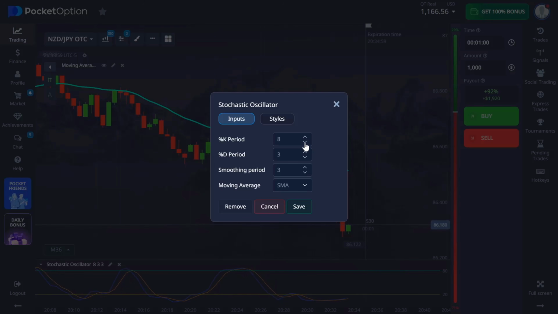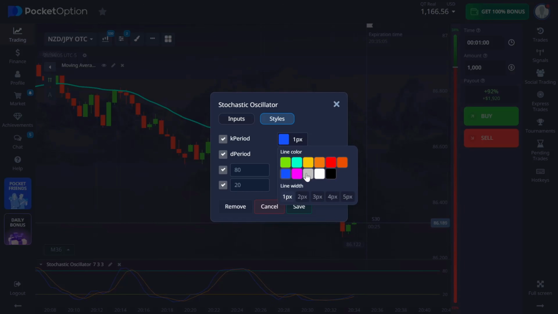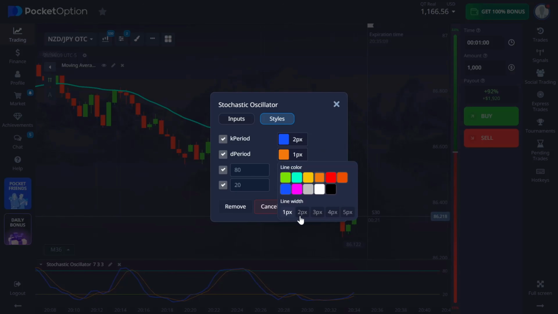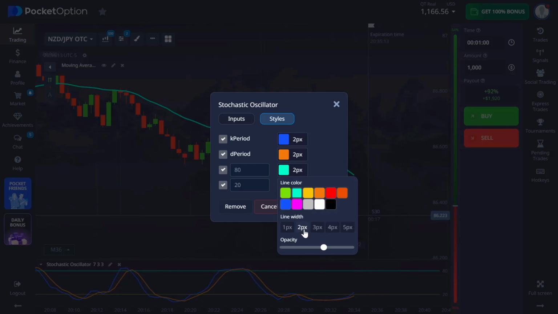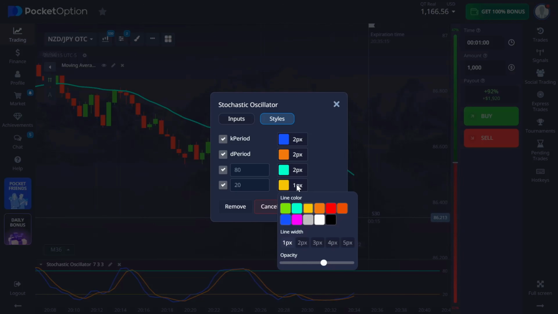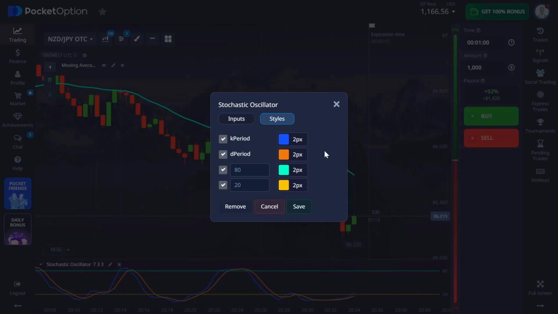The settings are 7, 3, 3, SMA. For the lines, I'm gonna thicken them. For the stochastic oscillator, I don't change colors. I like the colors that they have, so I don't change them.